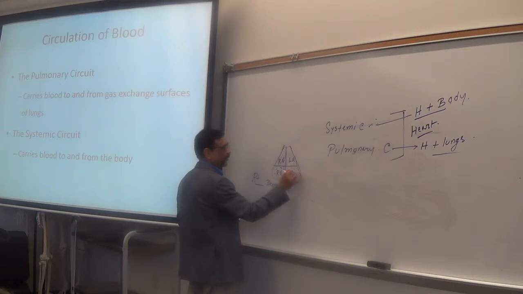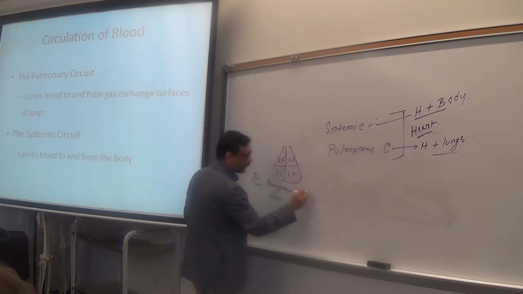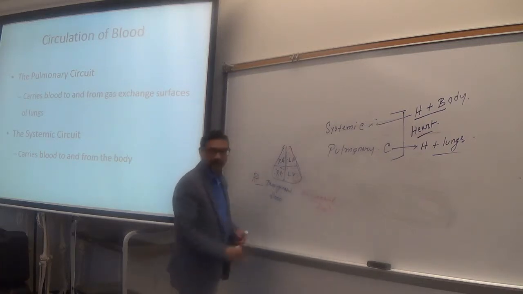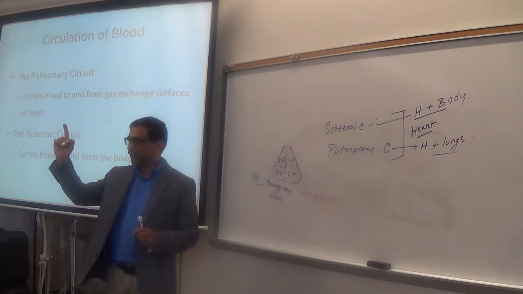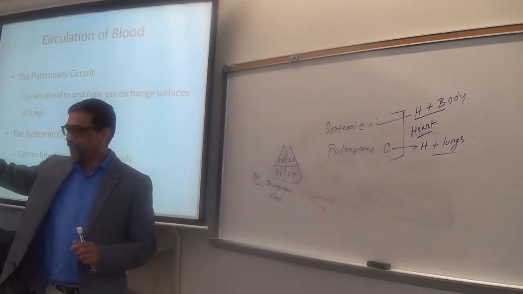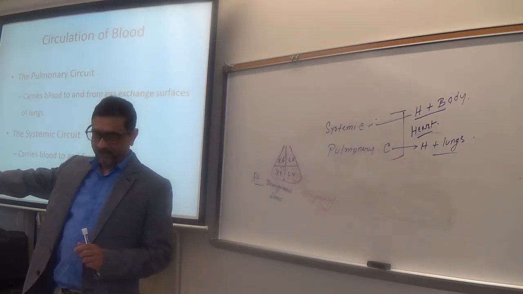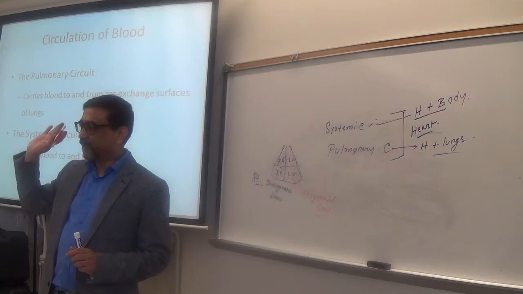This is very important to remember. Left side is for what? Oxygenated blood. Is it clear? That's rule number 1. Right side is for deoxygenated, left side is for oxygenated.